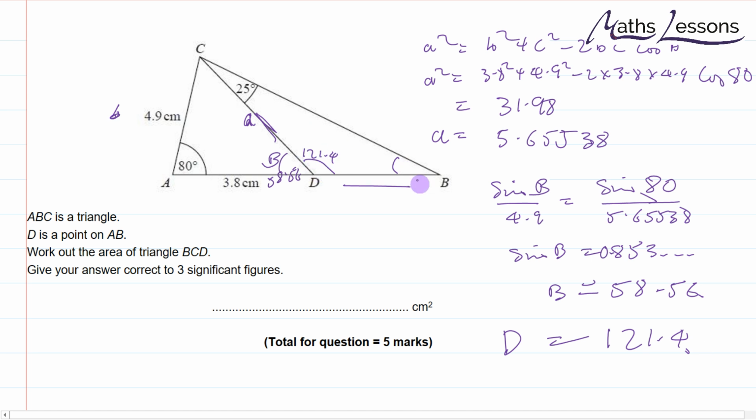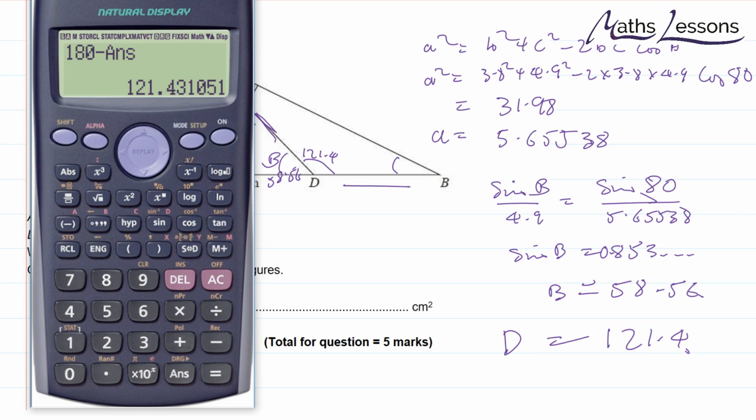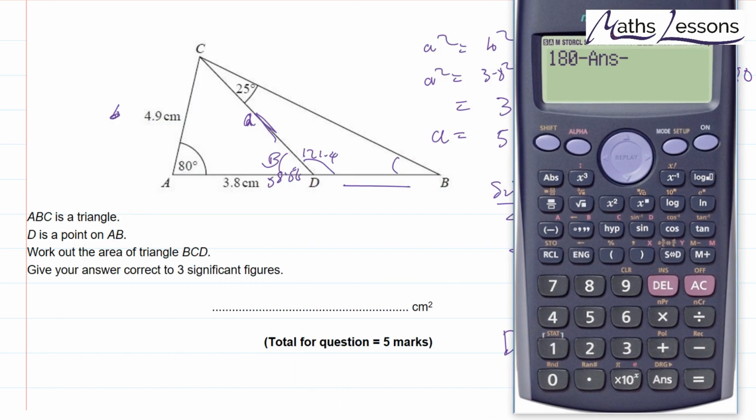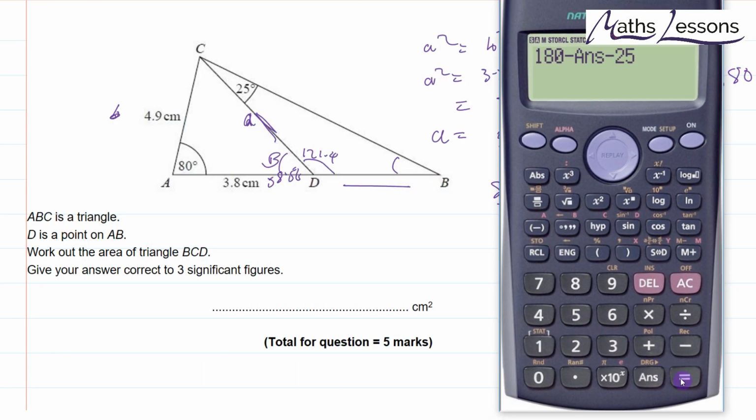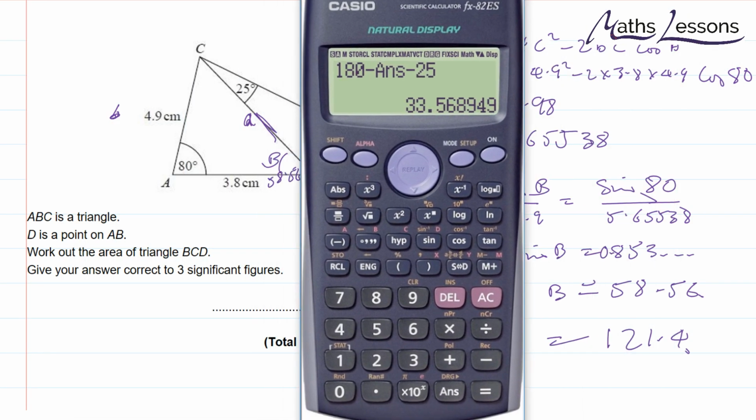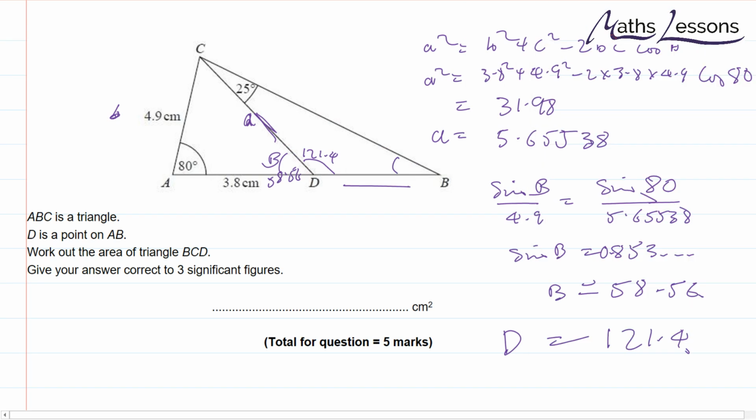And then I can find the angle at B. If I do 180 minus my answer, minus, what was the other one? Can't see it, 25. So that's 33.56.